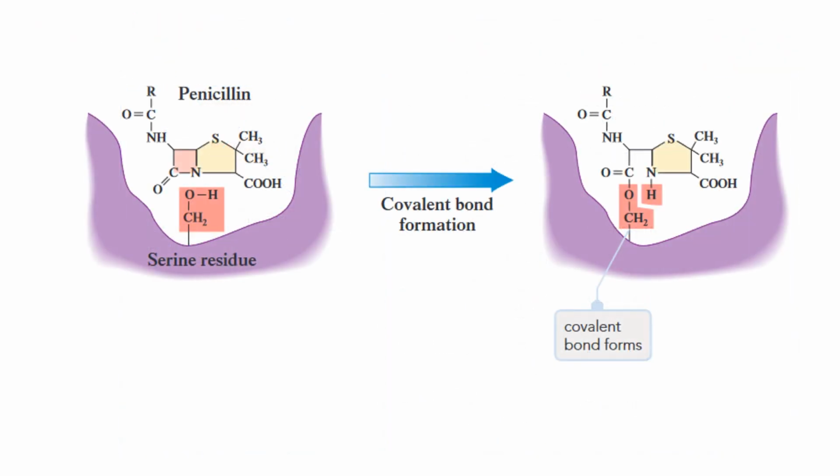This slide illustrates the selective binding of penicillin to the active site of transpeptidase. So this is the enzyme. This portion here is the active site, and it contains a serine residue, and this is penicillin.